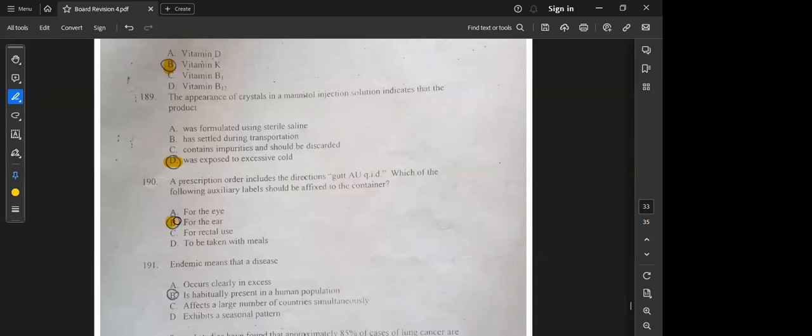Gtt is for drops, how many drops or whatever.